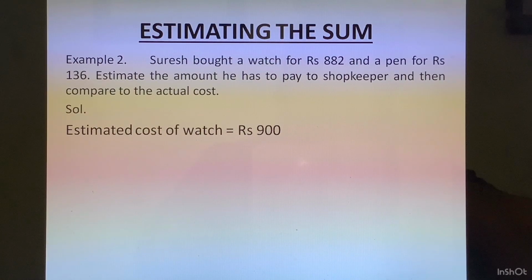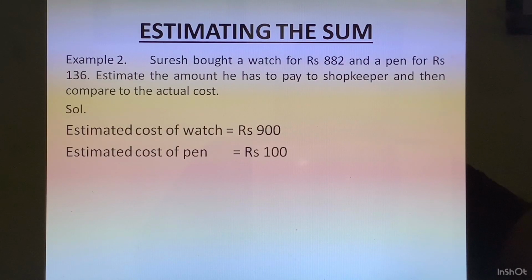And then the next bit of information, and a pen for rupees 136. Now 136. We will look at the tens place here again. It is 3, which is less than 5. We will not change 1, it will stay 1 only, and the other 2 digits after 1 will become 0. So estimated cost of pen is going to be rupees 100. Next line in the question is estimate the amount he has to pay to the shopkeeper.